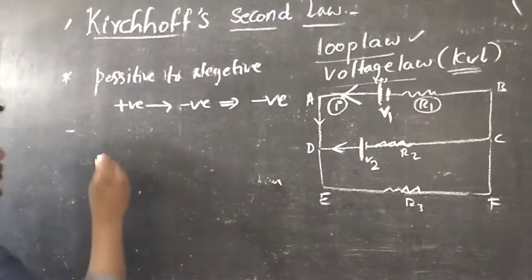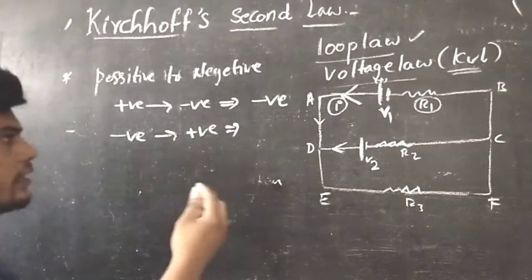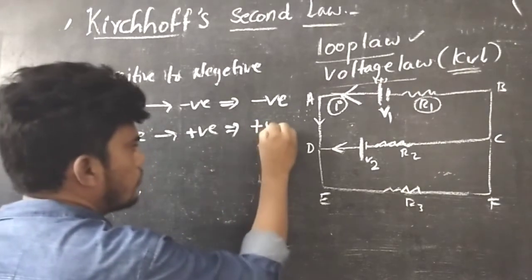If the direction is from negative to positive, then the value is taken as positive.